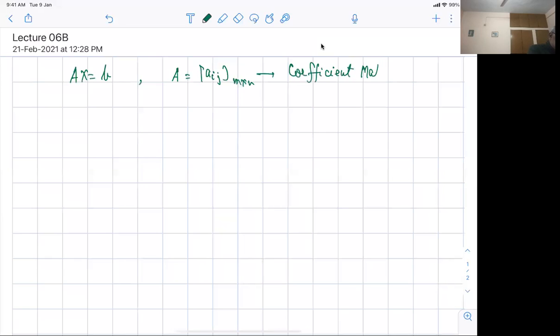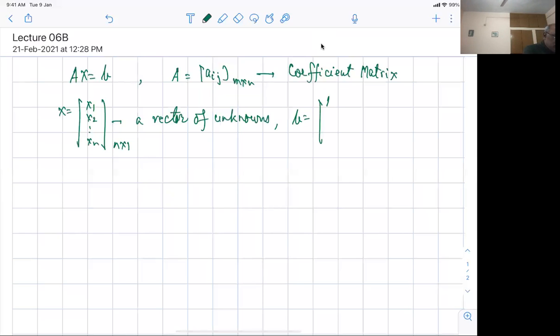X is supposed to be (x1, x2, ..., xn), an n cross 1 vector of unknowns, and b is supposed to be (b1, ..., bm), an m cross 1 vector. Generally we are taking entries in terms of real numbers or complex numbers.